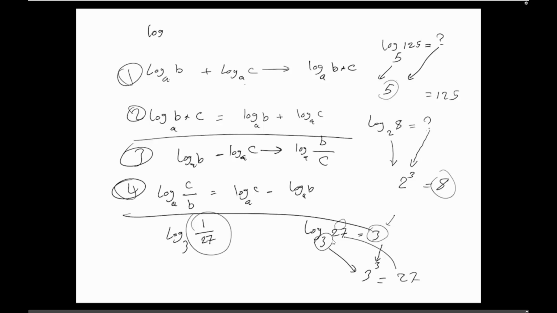If we put 3, which is 5 multiplied by 5, 25, or sorry, if we put 5, or yes, 3, then we're going to get 125. So yeah, that's what we mean by the logarithm.